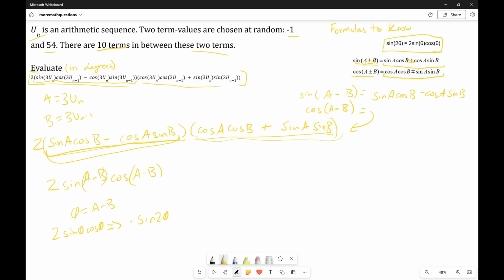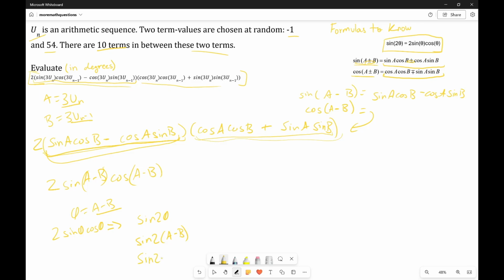Nice. Now we can plug back in what we had over here: sine 2 times a minus b, and a and b are also variables that we can substitute in.